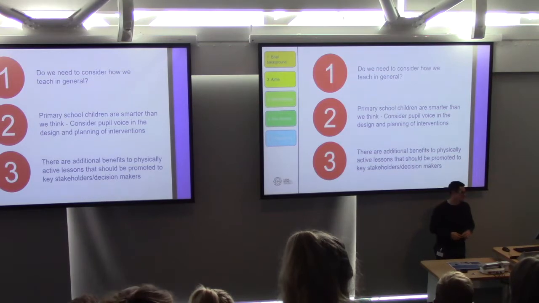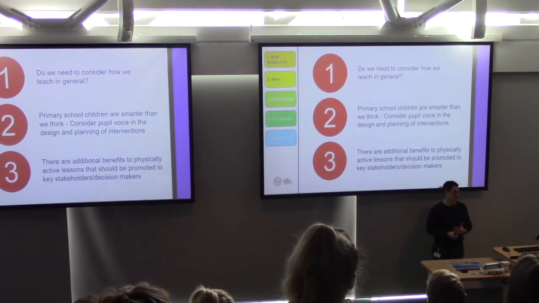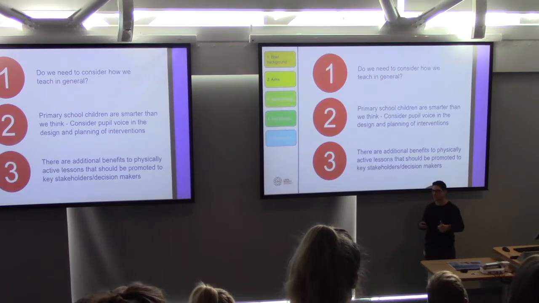And thirdly, there are additional benefits to physically active learning and physically active lessons that should be promoted to key stakeholders and decision makers, other than just good for your health, more physical activity, and better attainment targets. Because social interaction, developing a range of other transferable skills that might be beneficial, that might get more people on board.